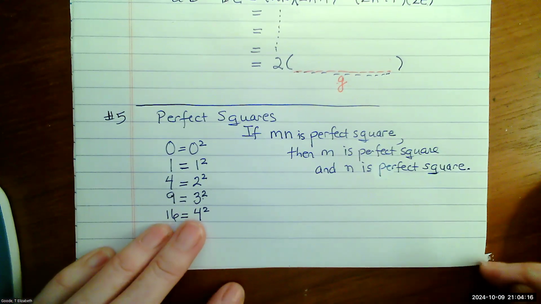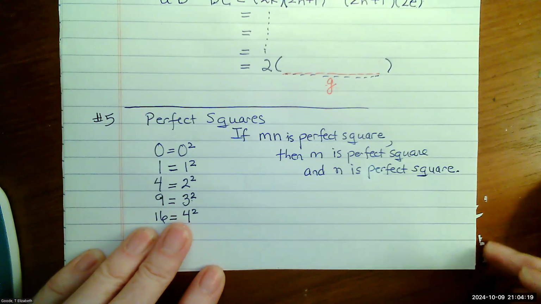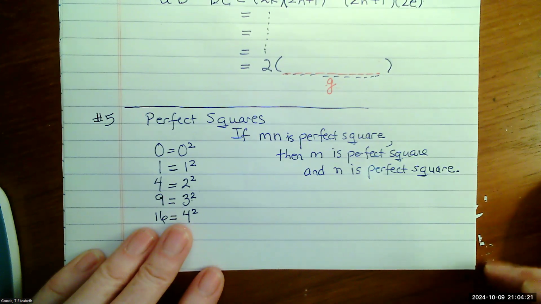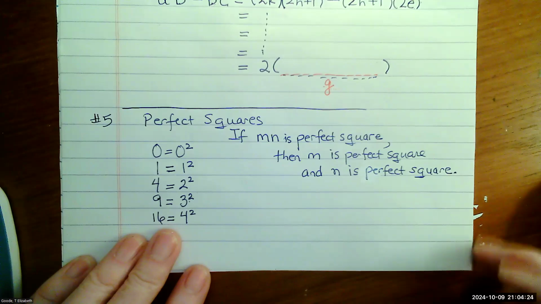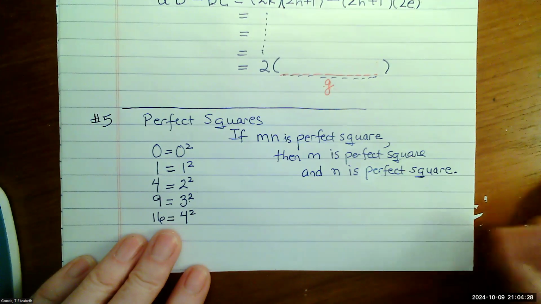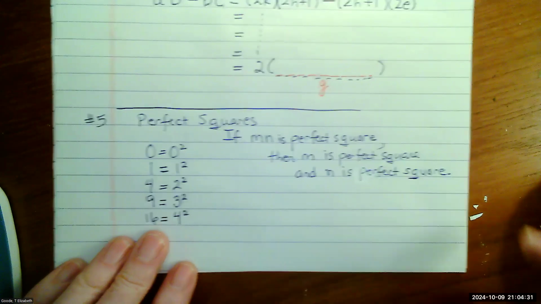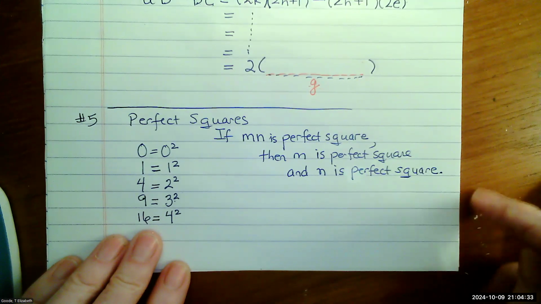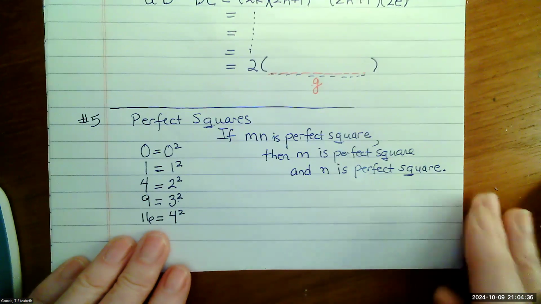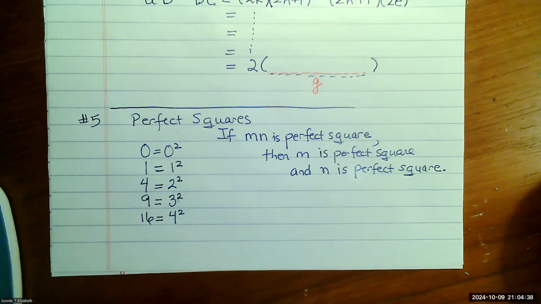We got 4 and 9, and for my homework I will pick different numbers. I tested another set of numbers, and it turns out that the statement is true if m and n are perfect squares. The converse is actually always true. If m is a perfect square and n is a perfect square, their product will definitely always be a perfect square. You could prove that, but that's not what this statement says.